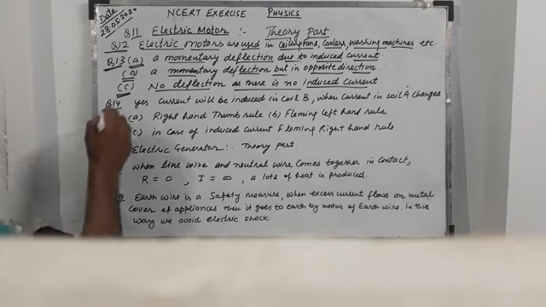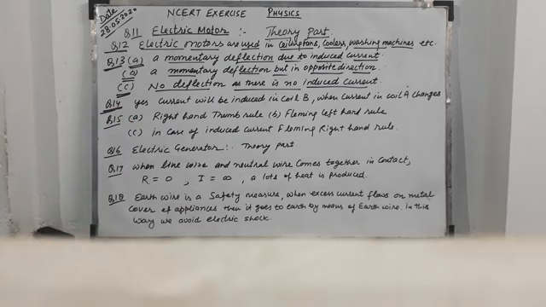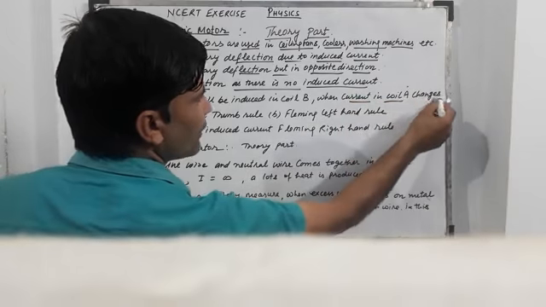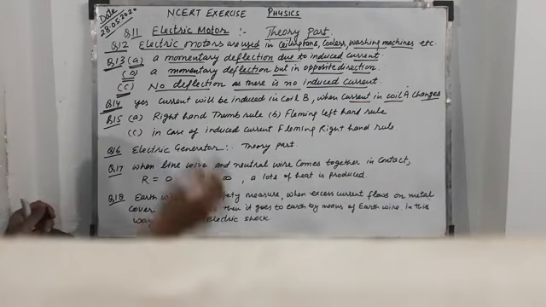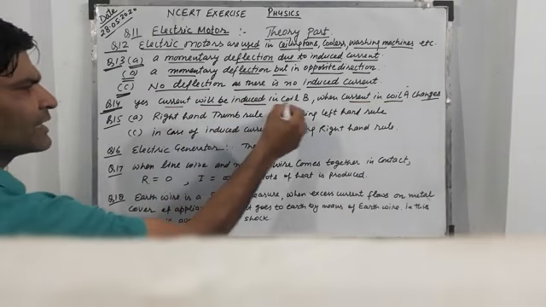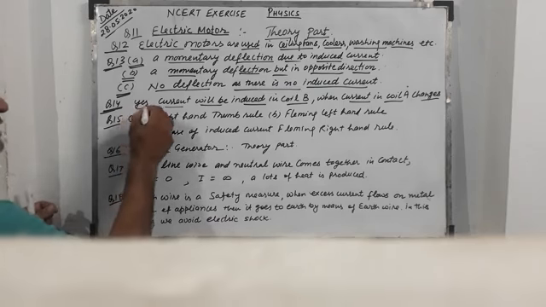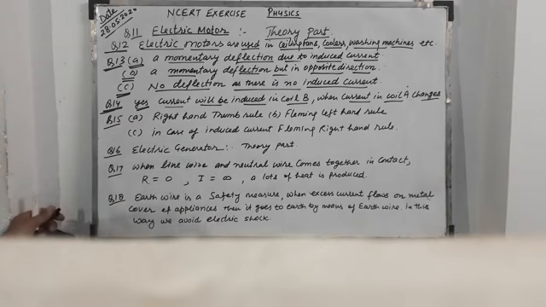Okay, now in question number 14, two coils are placed close to each other. Then if the current in coil A changes, then current will be induced in coil B due to change in magnetic field. So the answer is yes.